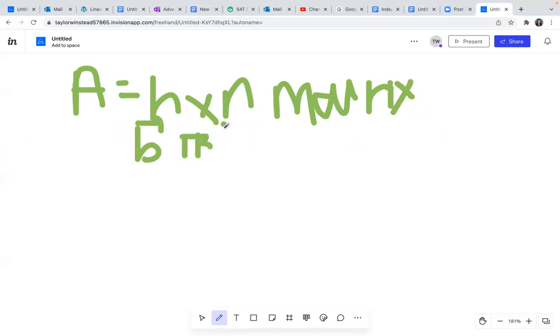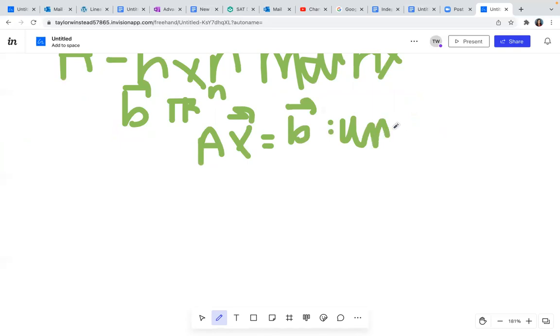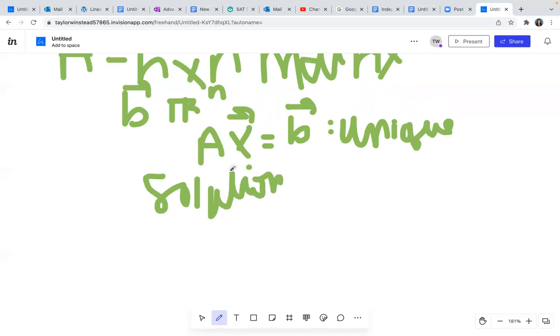If A is invertible, then Ax equals b has a unique solution x equals inverse A of vector b, right?